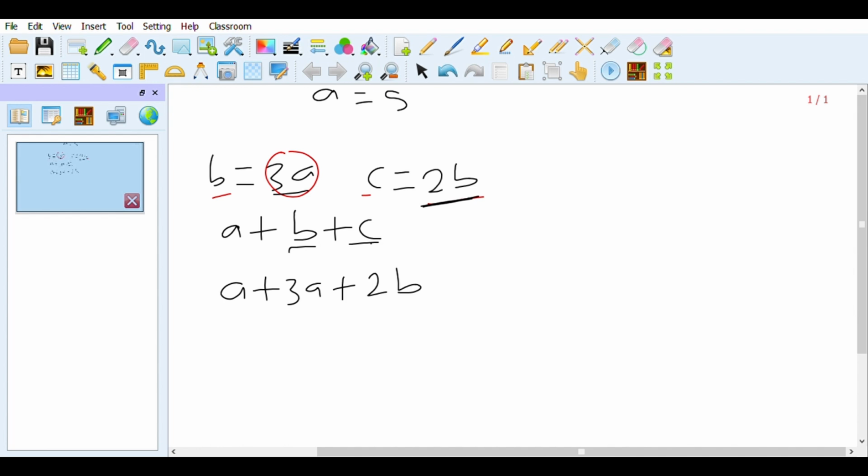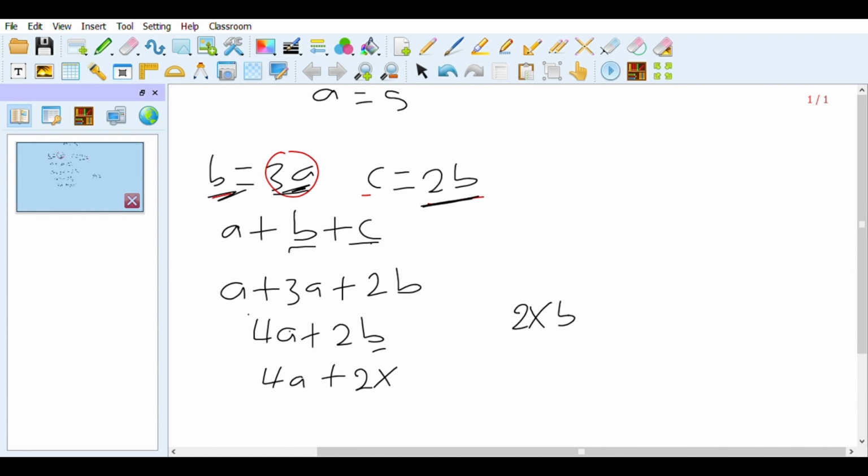So a plus 3a gives us 4a. Remember, just a means 1a, so we have 4a here plus 2b. But you still remember that b is still 3a. Okay, so we can still rewrite this b again. So we have 4a plus 2b, and 2b means 2 times b. Okay, so what's in between here is times.